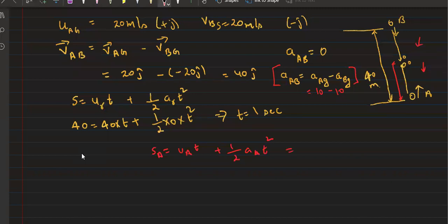So it will be, tell me, 20 minus half into 10 into 1 square, because for A, acceleration is in the downward direction. The answer is 15 meter. Got it, everyone? Tell me, got this? Even if you understand one or two problems, these are very good problems.